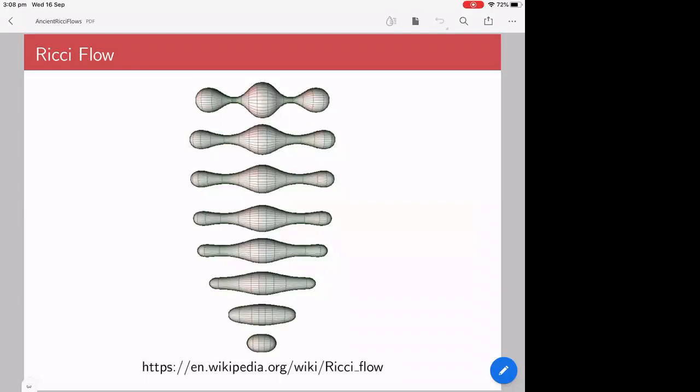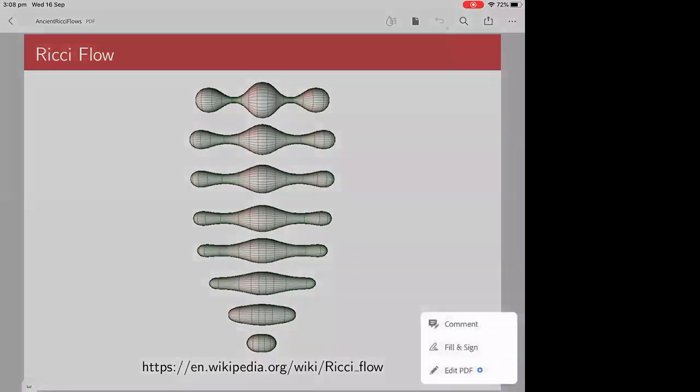All right, so I'm going to be doing a lot of shameless stealing of other people's pictures. This is what the Ricci flow does according to the picture on Wikipedia. Roughly speaking, it's akin to what you might expect for the mean curvature flow.